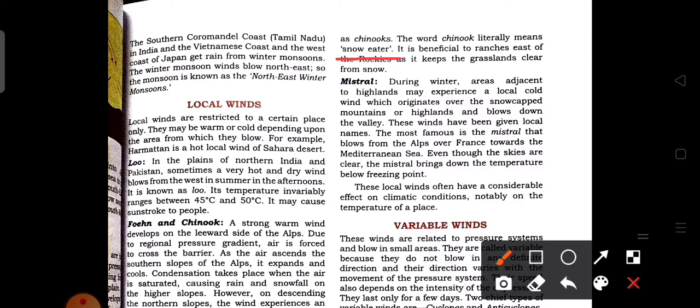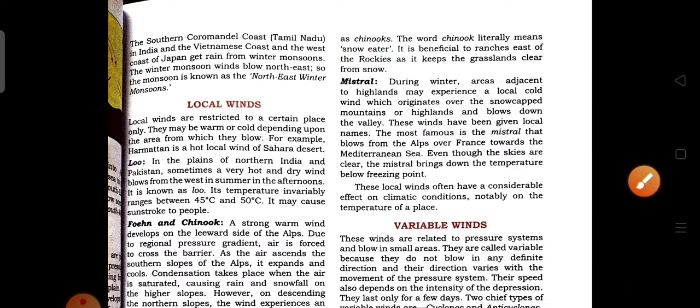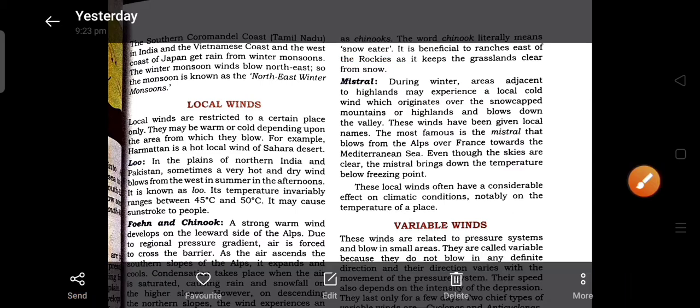This name is given to this wind because it is a hot and dry type of wind, so for that reason it melts the snow. It is beneficial to ranches east of the Rockies as it keeps the grassland clear of snow.